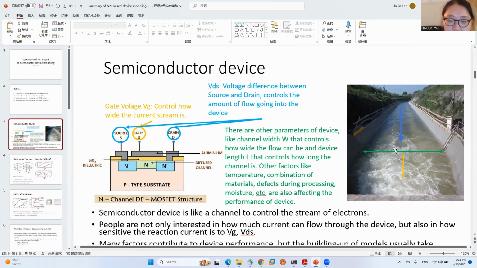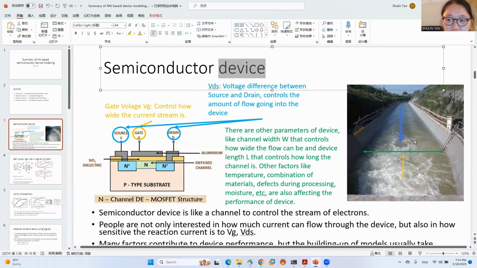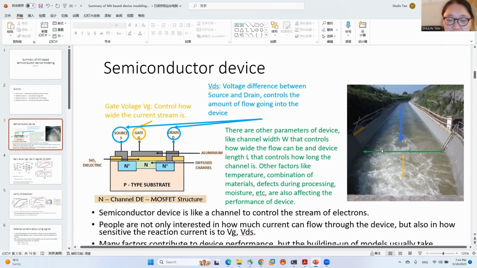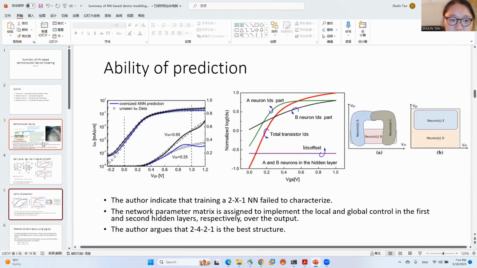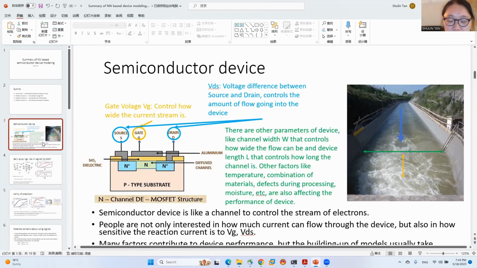So as long as your material and your shape are not changing, you can just use one neural network to produce all the channels that look the same, with the same shape and material. If you have 1,000 channels, that's basically thousands of combinations of inputs. You just put all of them into one well-trained model, and you get all the information you want.